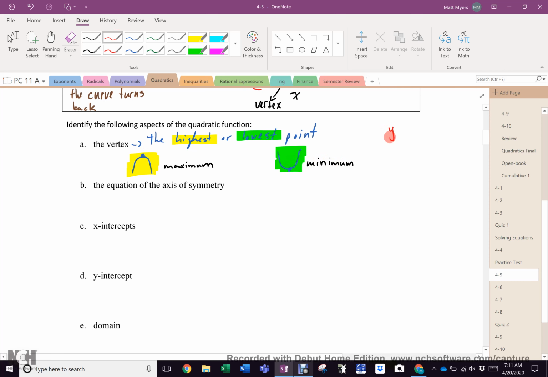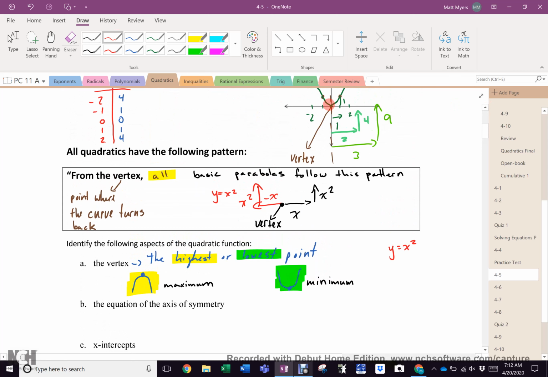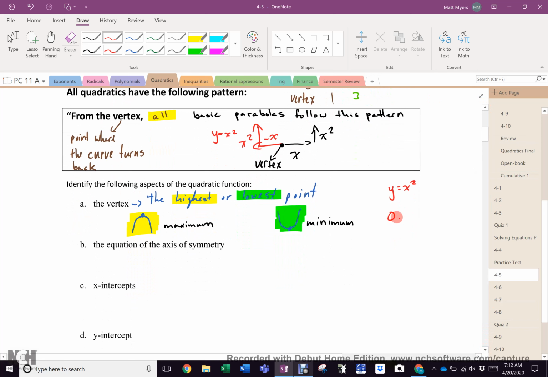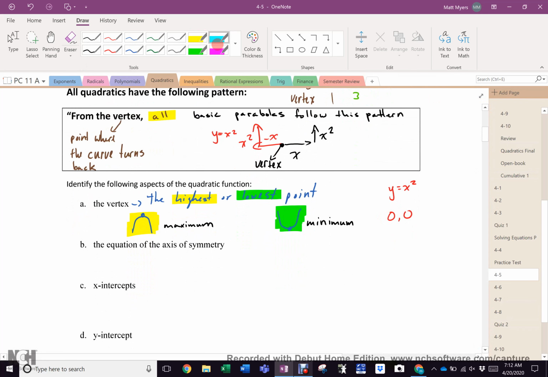Now remember, we are working with y equals x squared. So what is the vertex in y equals x squared? Well, we already know because we just graphed it. It goes through the origin. So this vertex is 0, 0. Now the next thing you need to know is the axis of symmetry.